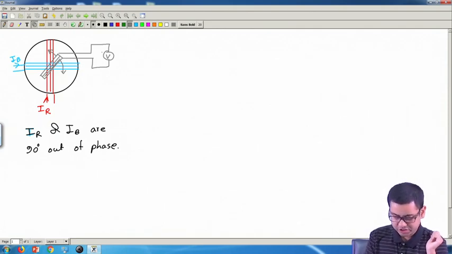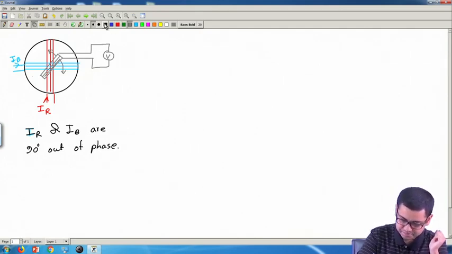Now the question is how to get IR and IB 90° out of phase, and that means we need two sources of current. But what we can do, let me draw the symbolic notation of this phase shifter.